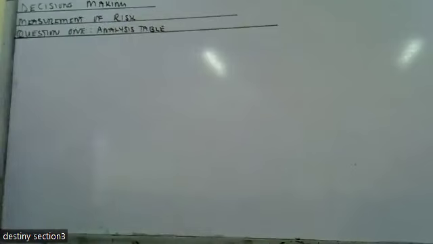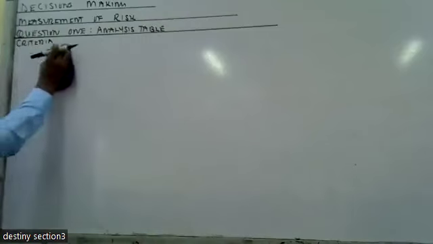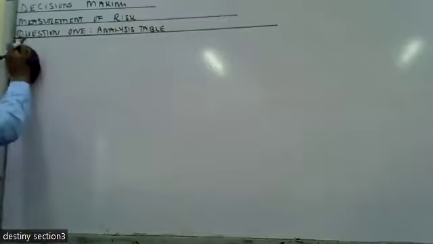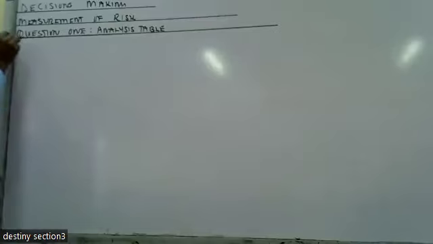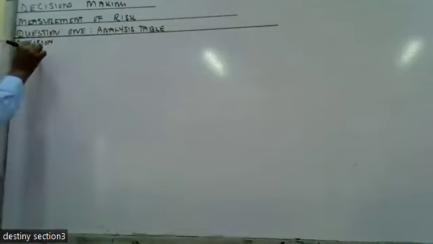Now, this analysis table has several columns. The first column is called criteria, or decision criteria. Let me add that word: decision criteria.